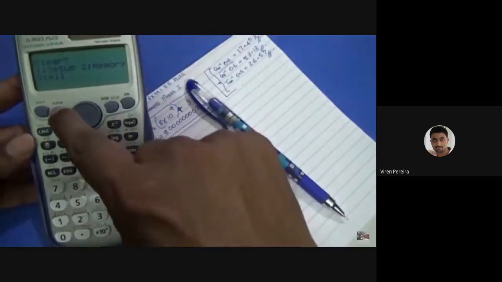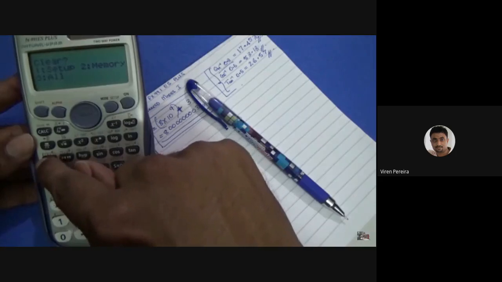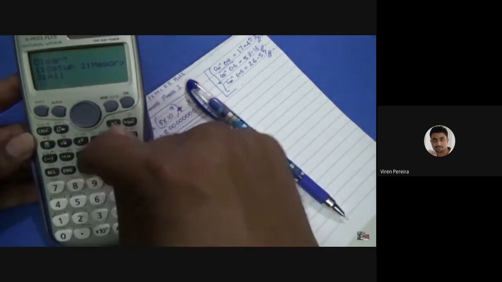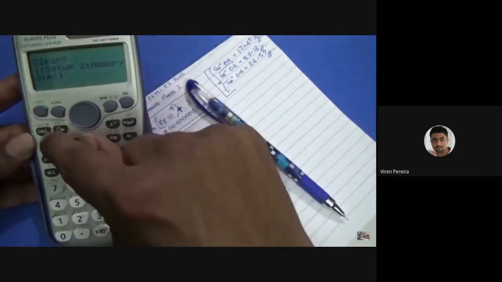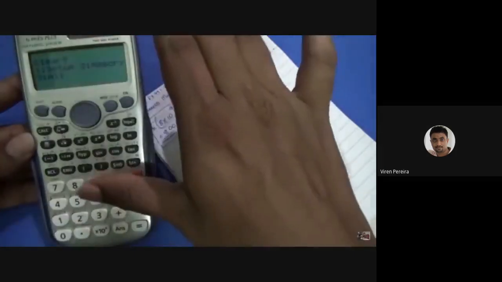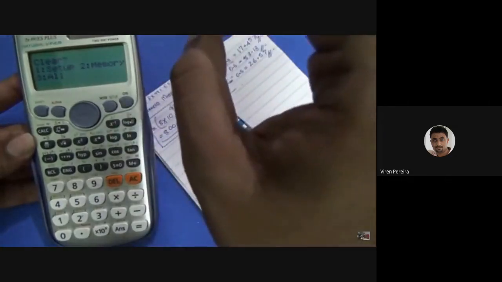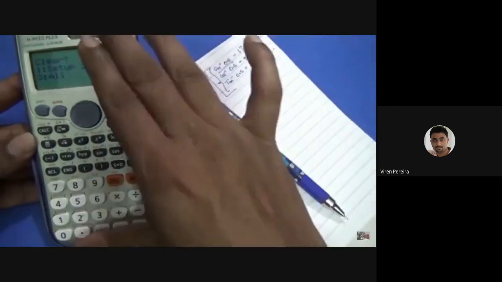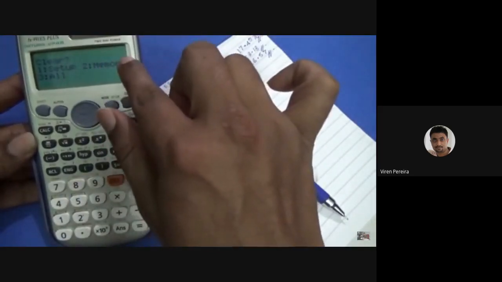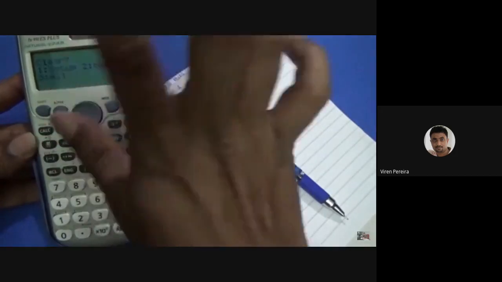So say if I saved the value of 27 in alpha A, and if I press clear and press 2, that alpha A will get deleted. Whatever value I saved in alpha A will go to 0. So all your values will go to the default setting, which is 0, no matter where you saved it in your calculator. So this will only delete the memory part without touching the setup.